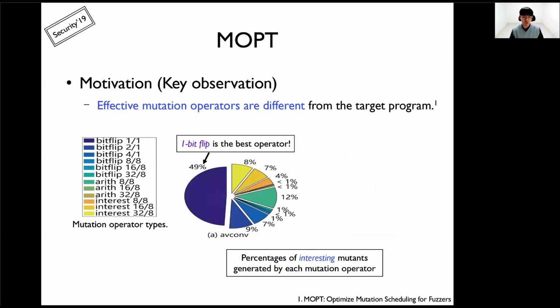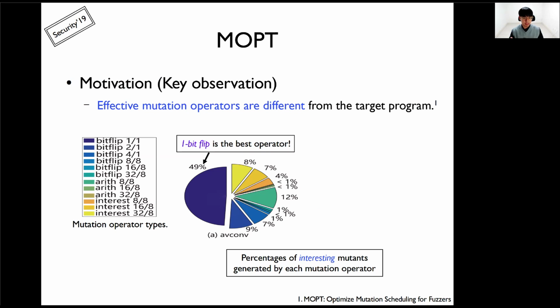And I will introduce one of the program adaptive mutation strategies called MOPT, which has been published in USENIX Security 2019. The motivation is that the effective mutation operators differ for each target program, which is clearly demonstrated by the figures below.